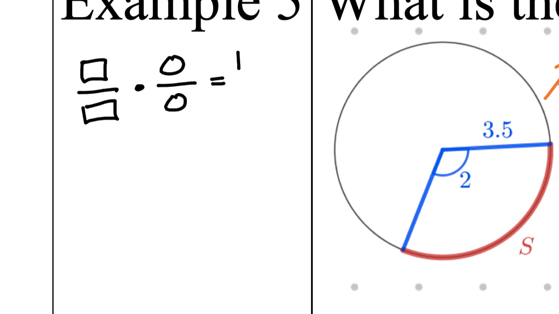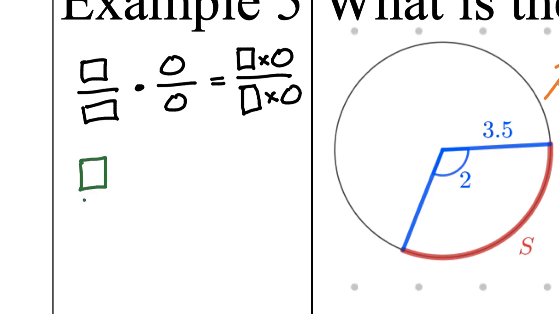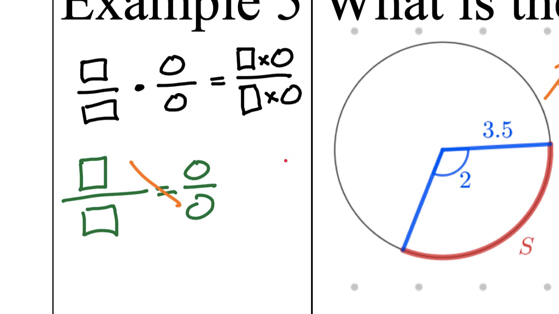This is equal to box times circle over box times circle. But if you have an equal sign, for example, box over box is equal to circle over circle, I cross multiply, go cross and then cross. That is the difference between the two.